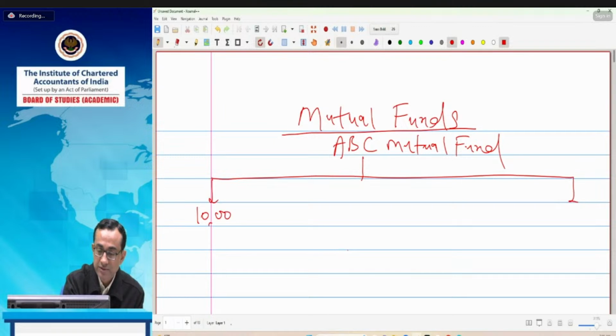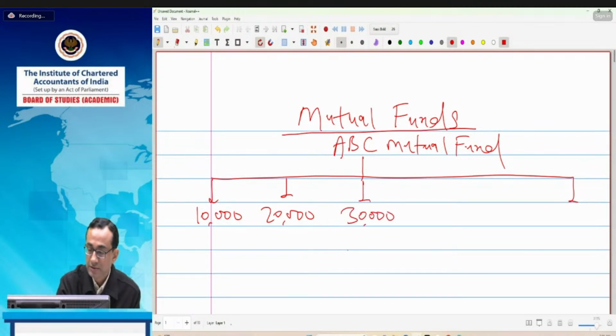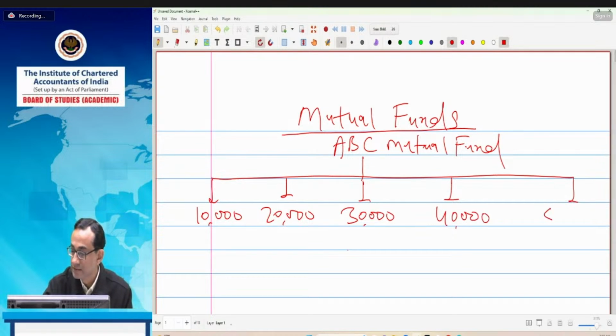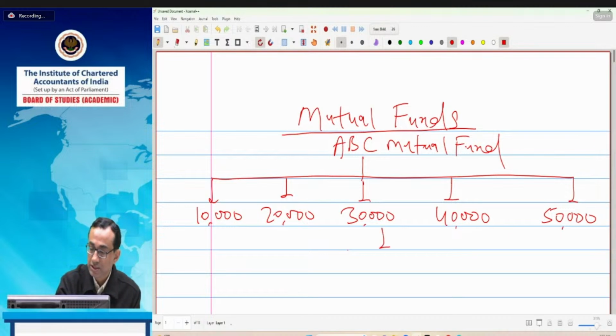So from investor one, it collected rupees 10,000. From investor two, it collected 20,000. From investor three, it collected 30,000. From investor four, it collected 40,000. And from investor five, it collected 50,000. So total amount it collected is 1,50,000.